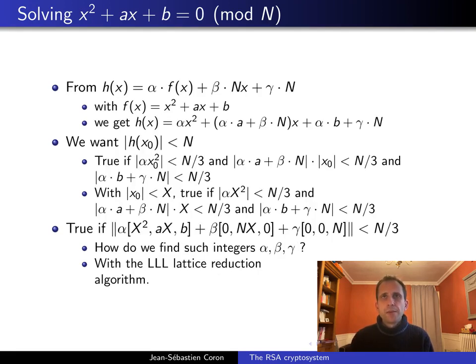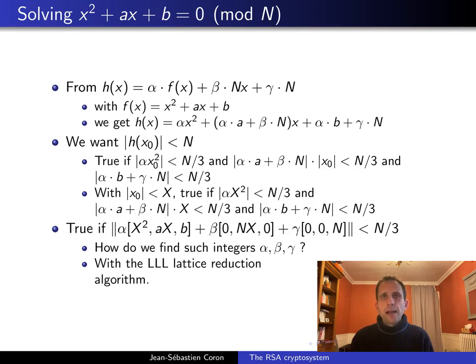So let me explain the technique in more detail. As I said, we want to generate a polynomial h of x, which will be a linear combination of the polynomials f of x, nx, and n, where f of x is x squared plus ax plus b. This is the polynomial for which we want to compute the small roots. So we obtain that h of x is alpha times x squared plus (alpha a plus beta n) times x plus alpha b plus gamma n.